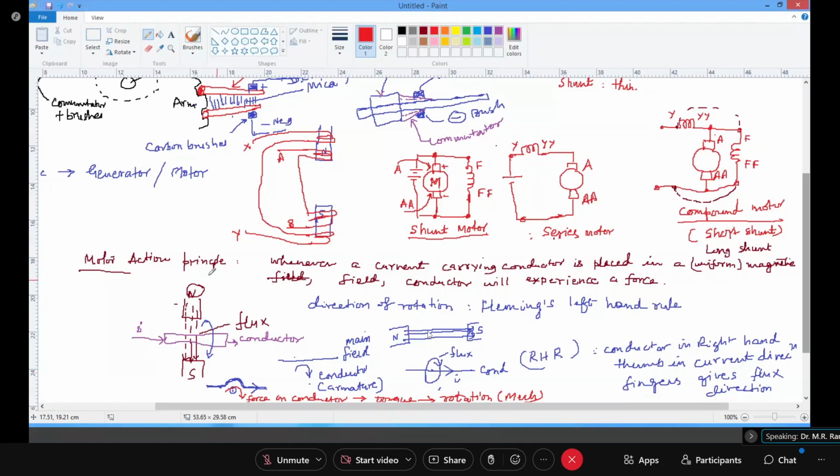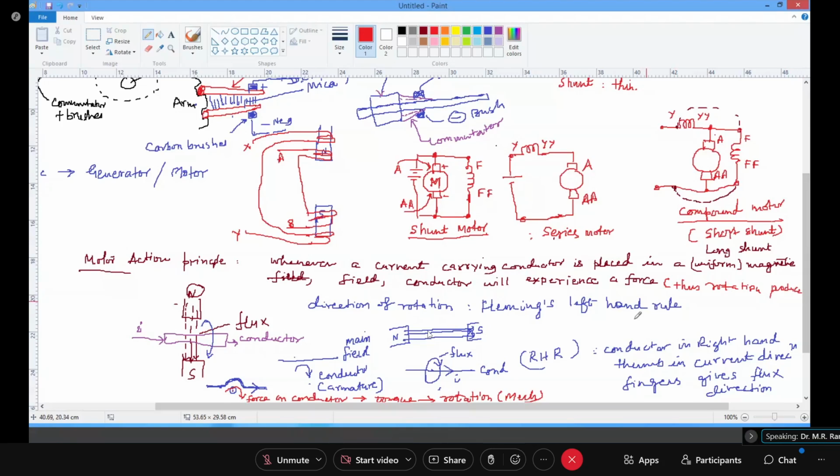So the motor's basic working principle is that when you put a current-carrying conductor in a magnetic field, it experiences a force and thus rotation is produced. Producing rotation means a motor. Clear?